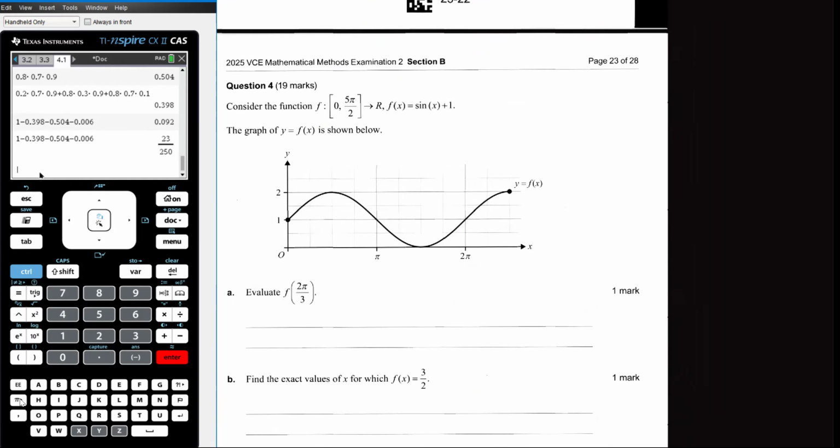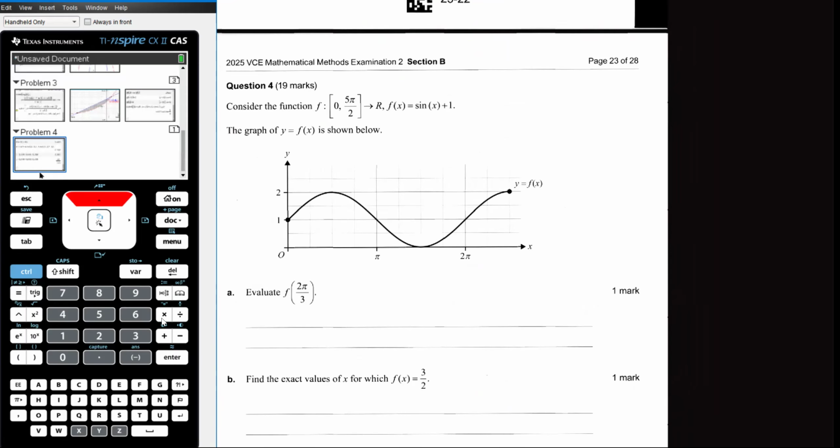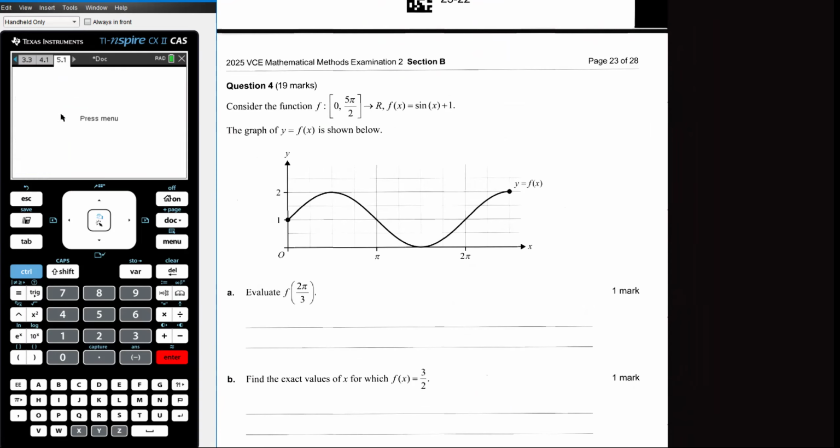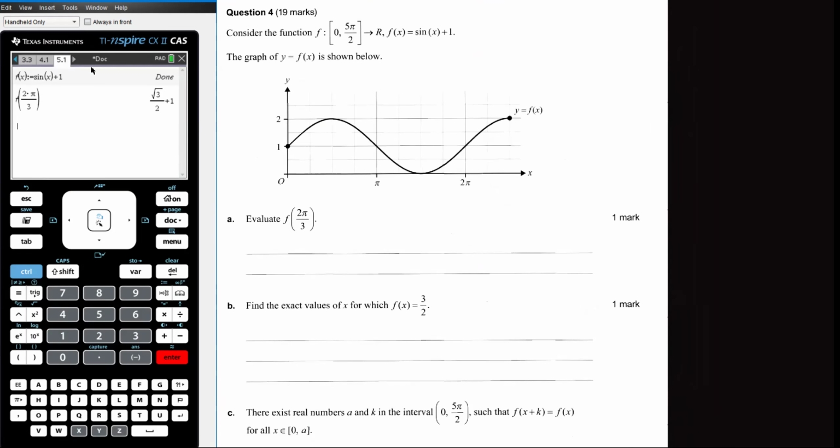Function graphs question. We can have, let's say, f of x is assigned to sine x plus 1. Find the value. Exact values.